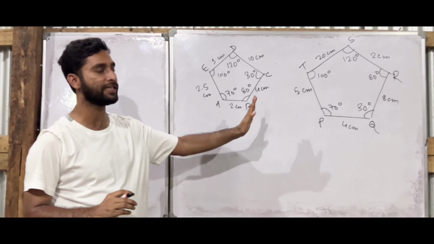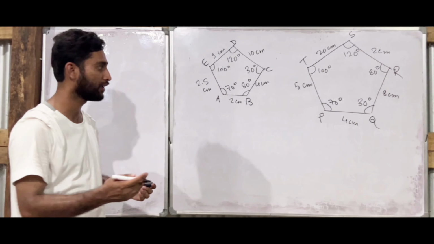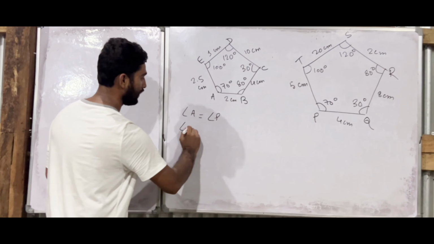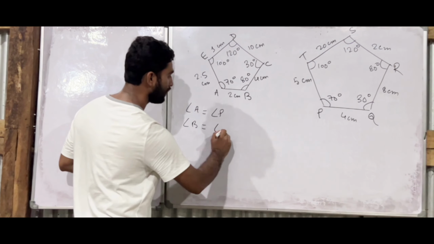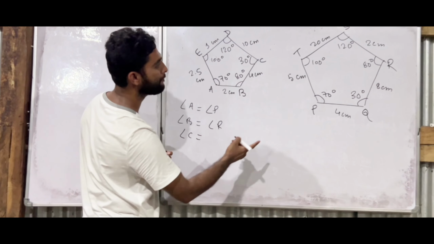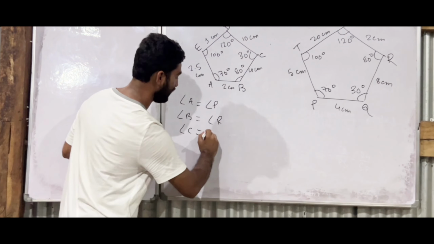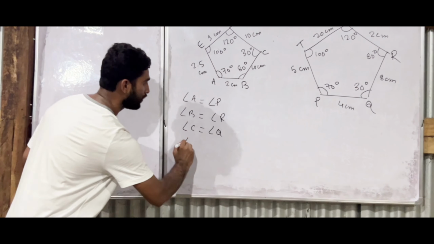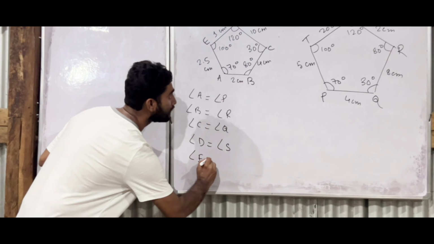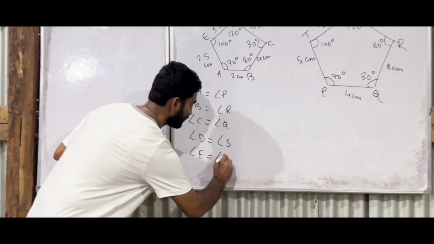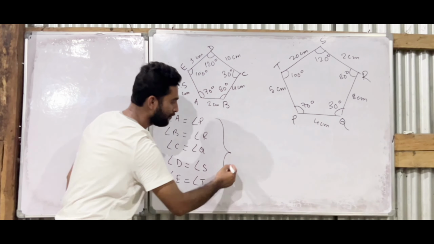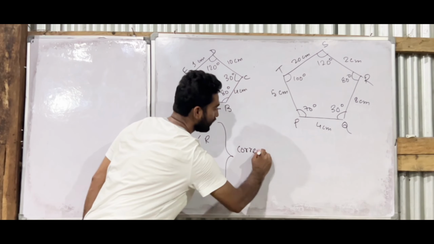First we have to see whether their corresponding angles are equal or not. Here you see that angle A is equal to angle P, angle B is equal to angle Q, that is 80 degrees, angle C is equal to angle R, angle D is equal to angle S, and angle E is equal to angle T. So we have already found that the corresponding angles are equal.